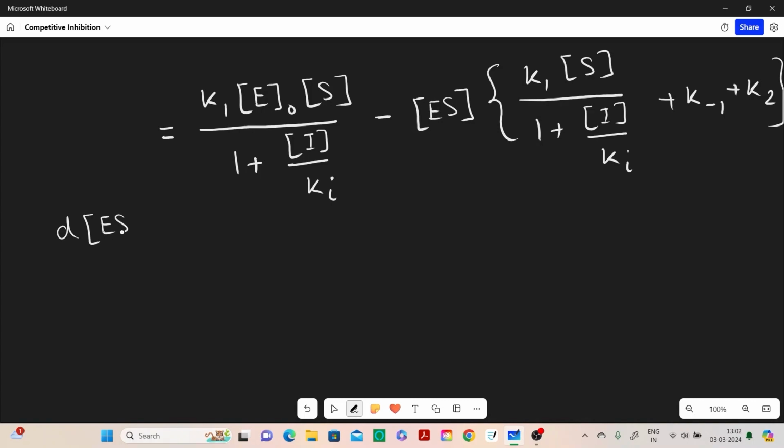of change in the concentration of enzyme over time is equal to 0. So we will just put this down here and we will take this part of the equation to the other side.